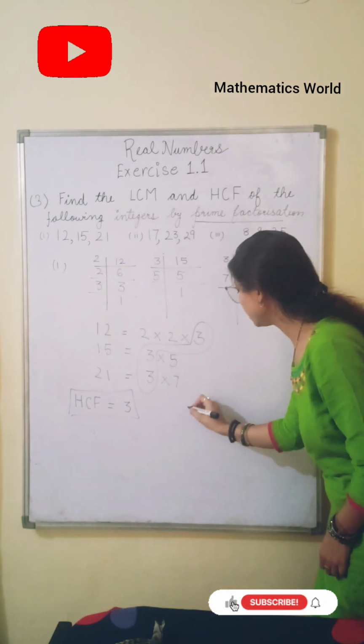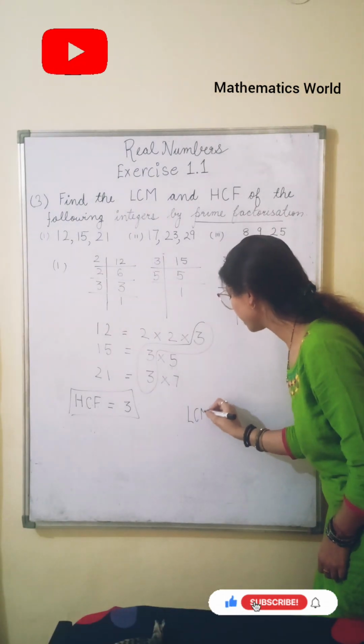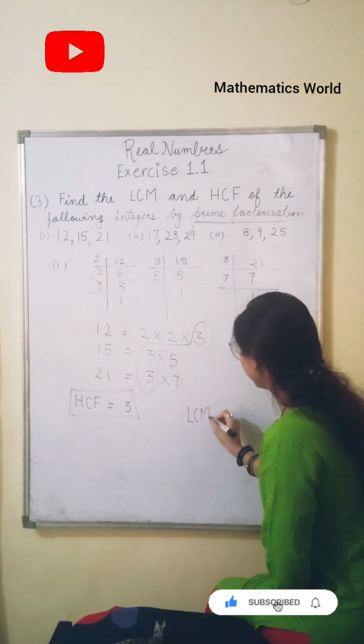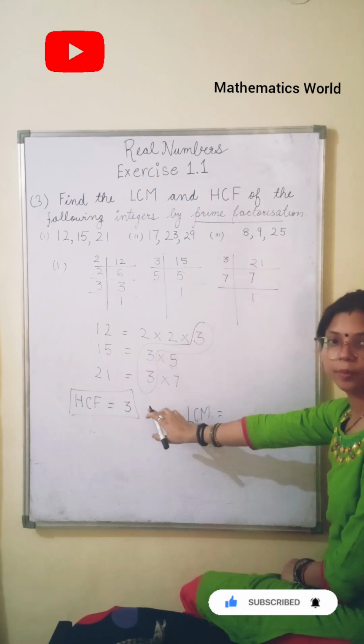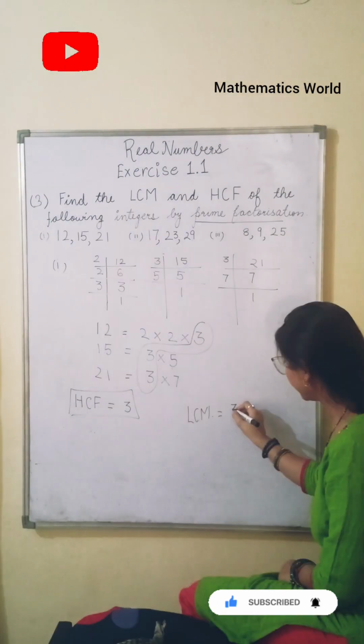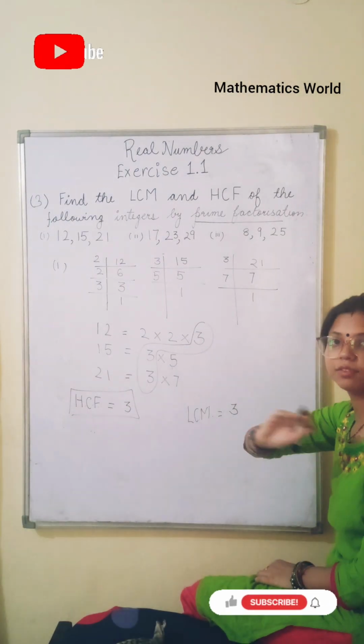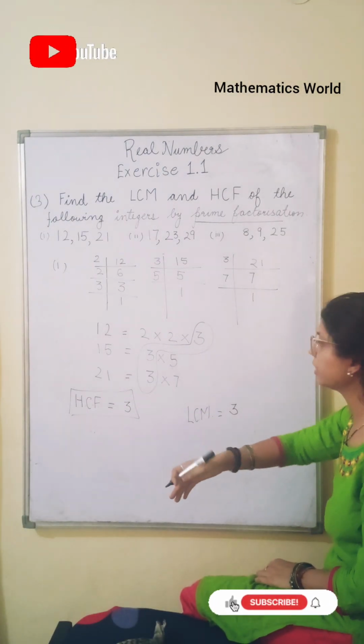If we have to find out the LCM, so for LCM, the number that is common in all three, we will write it once. We do not have to repeat it again and again.